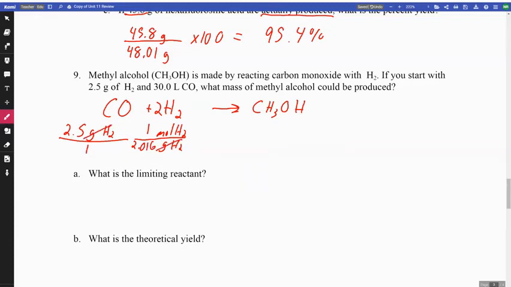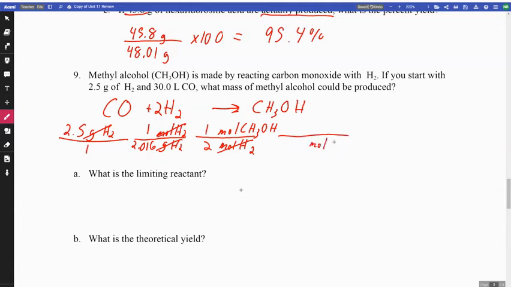Grams cancel out. We're left with moles of H2, not where we want to be. Moles of H2 on bottom, moles of methyl alcohol on top. So that's our coefficients. So 2 next to H2, 1 next to that. Moles cancel out.